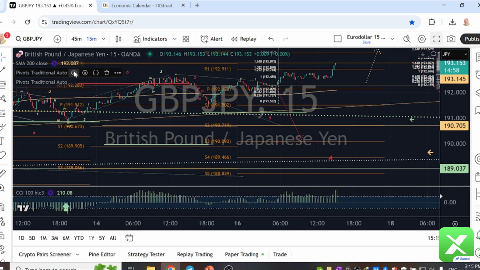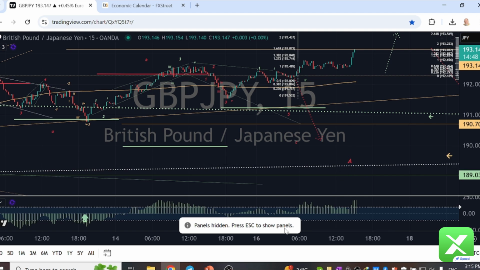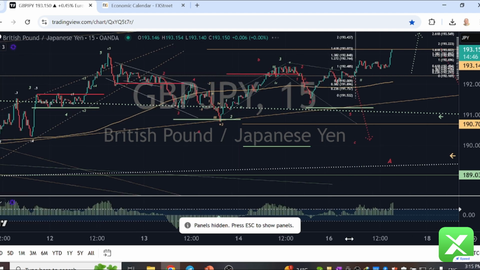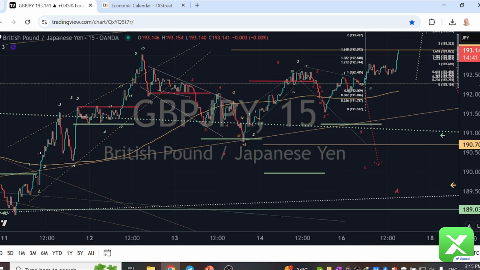Take it live then. I think we need to take out the resistances to declutter. I don't think we need this momentum at this point.